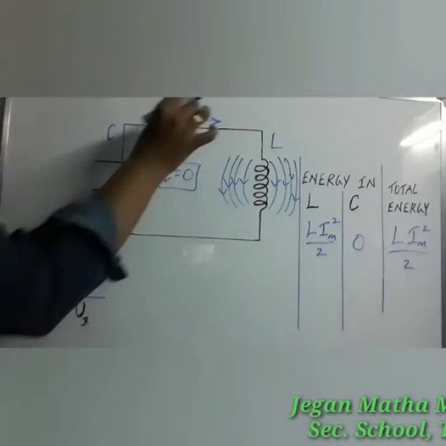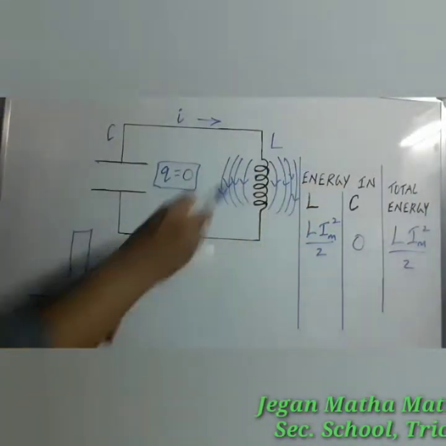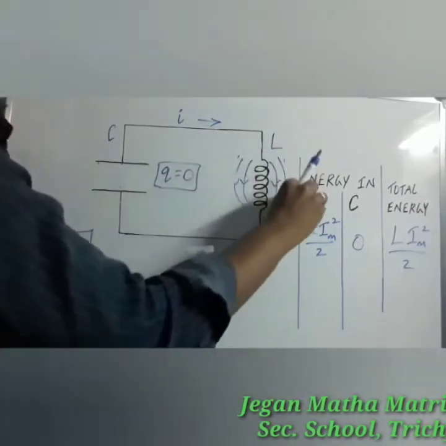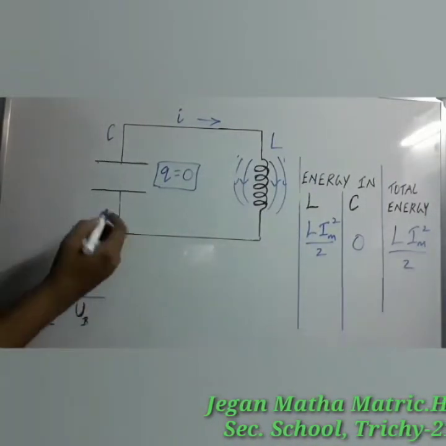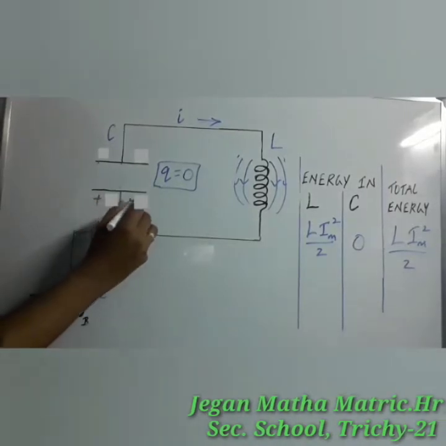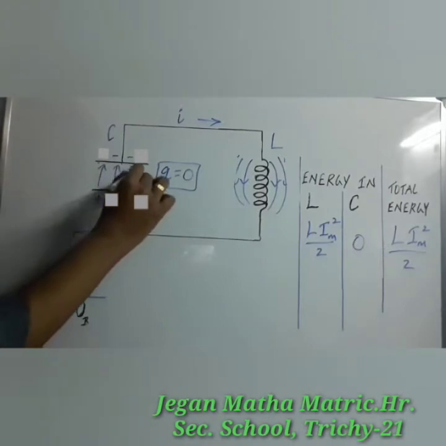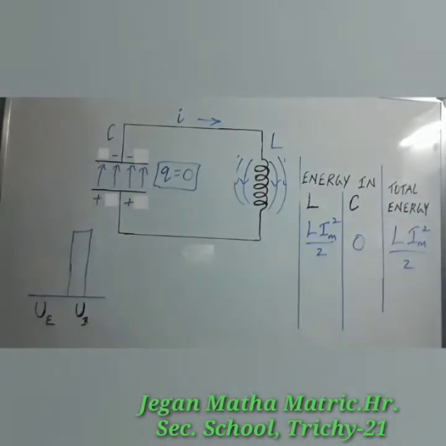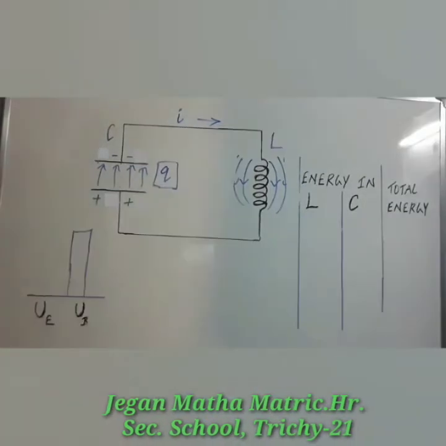That means the current value gradually reduces, so the magnetic field around the inductor also reduces gradually. That will produce the charges in this direction. Now the capacitor is charged in the opposite direction, with an amount of charge equal to q now.